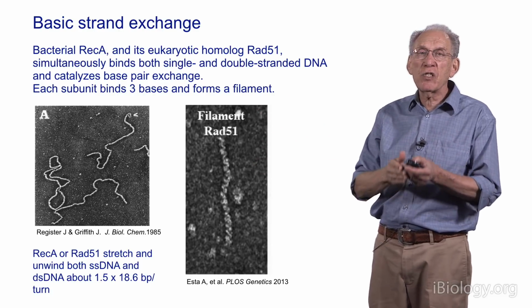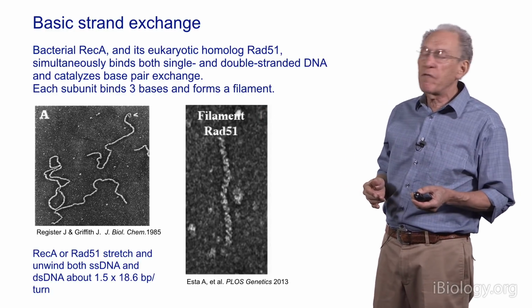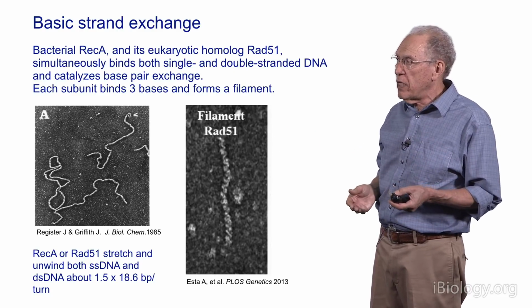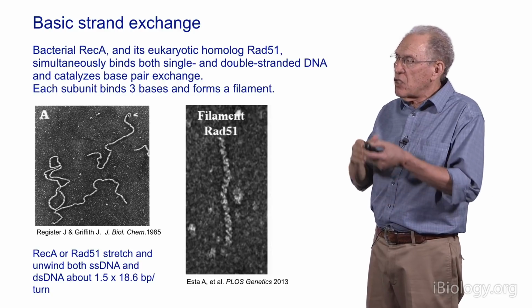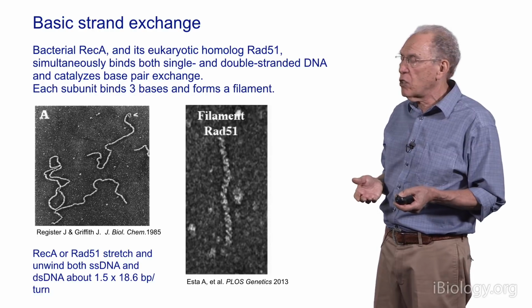One of the consequences of that is to stretch the DNA by almost 50%, so that the DNA is much more extended than it would be under normal B DNA form. And this stretching open of the DNA, I think, is very important in the way in which this search for homology takes place.